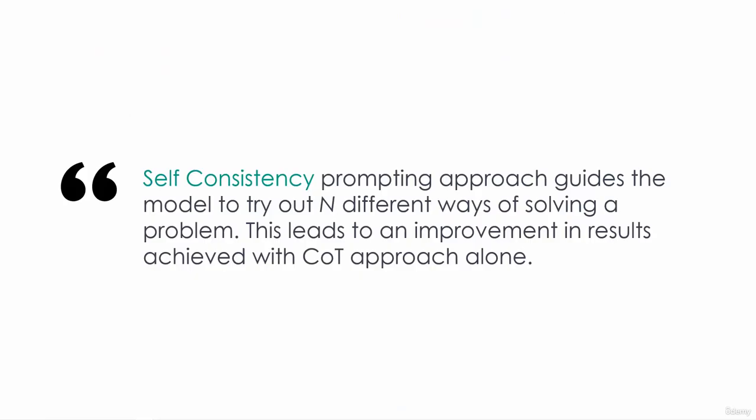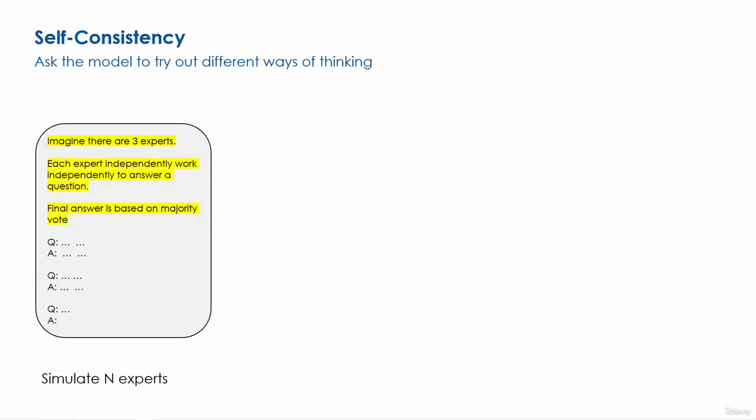In the self-consistency prompting approach, the model is guided to try out n different ways of thinking. This leads to an improvement in results achieved with the chain of thought approach alone. The idea is that by considering multiple perspectives or approaches to a problem, the model may generate more nuanced and robust responses. To use the self-consistency approach, start the prompt by instructing the model to simulate n experts.